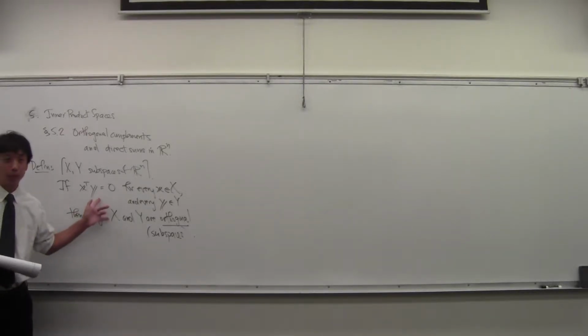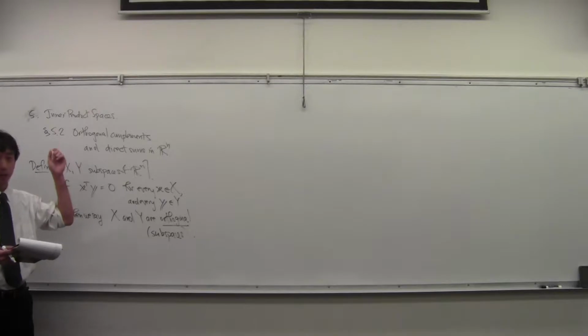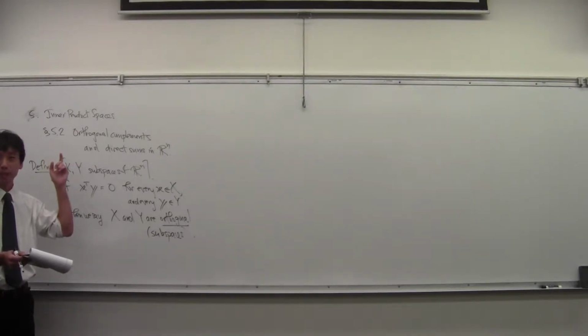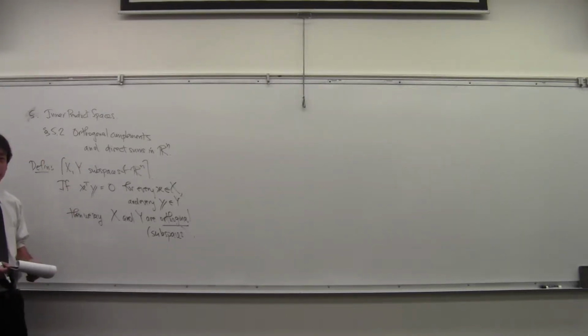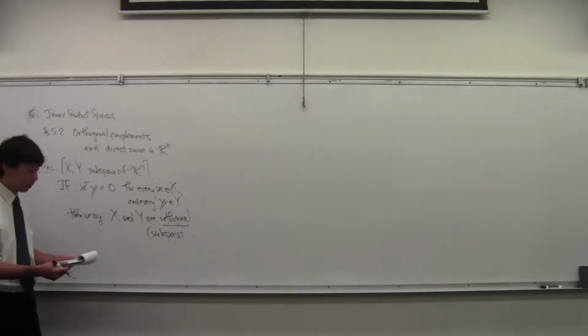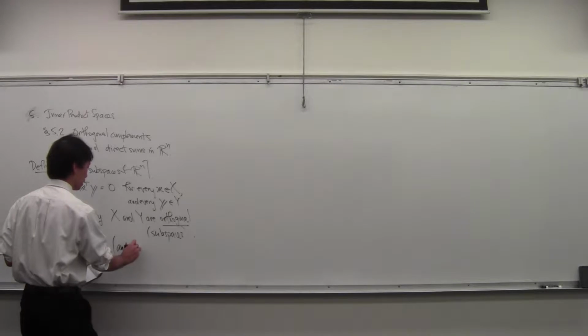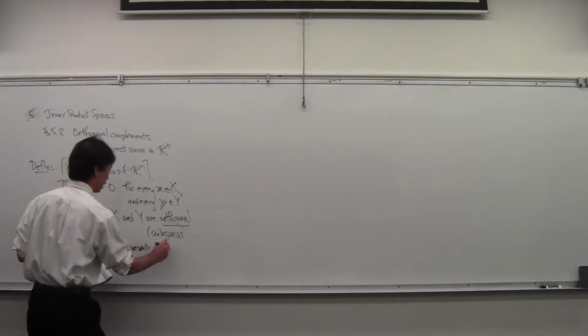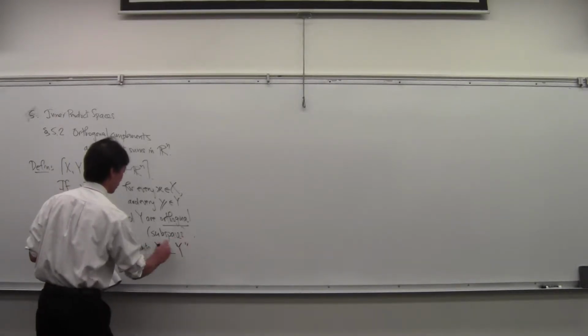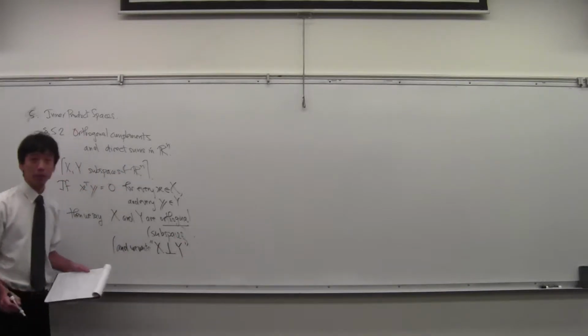It's a pretty simple idea. You take any vector in the first space, any vector in the second space, and they're perpendicular to each other. If that happens, we say these guys are orthogonal, and we write that X is perpendicular to Y. That's the abbreviation.